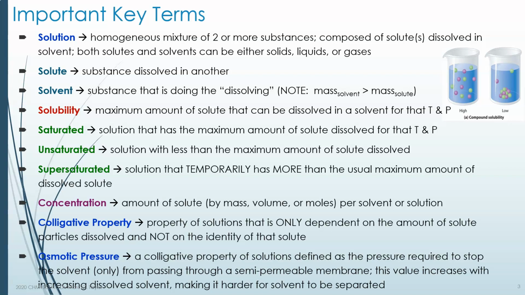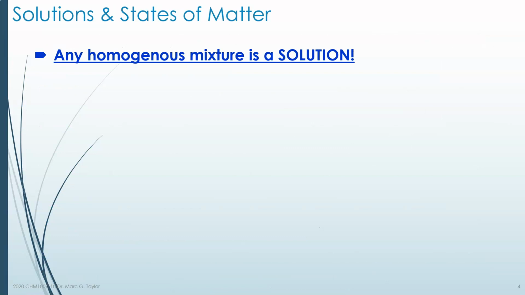So if you have a membrane that only lets solvent through, solvent will always move from the more dilute to the more concentrated in an attempt to dilute the concentrated so that both sides are roughly the same concentration. And the more you have dissolved in one side, the harder it is to stop that, so the osmotic pressure goes up in those cases.